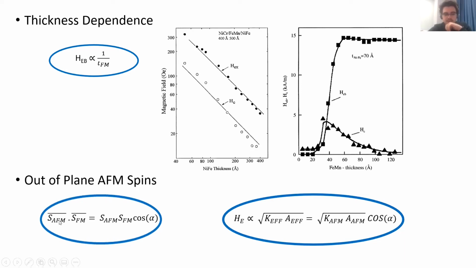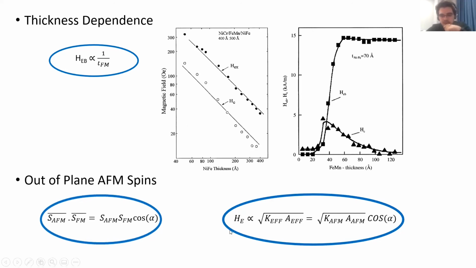In one type of theories, this interaction may depend on the average spins dot producted, which gives a cosine term. And this cosine term, when AFM spins are out of plane, gives 0. So out of plane spins do not have any exchange bias contribution.